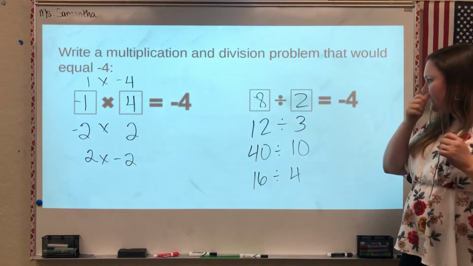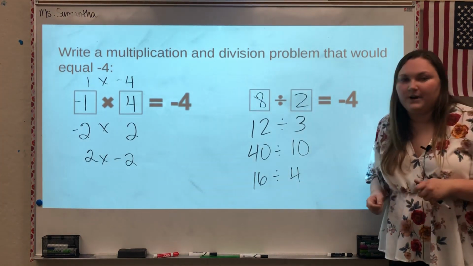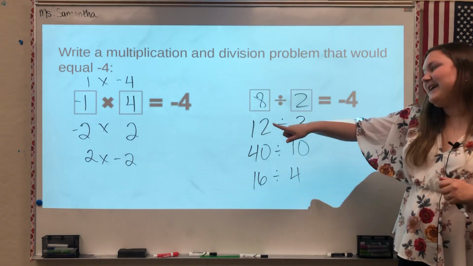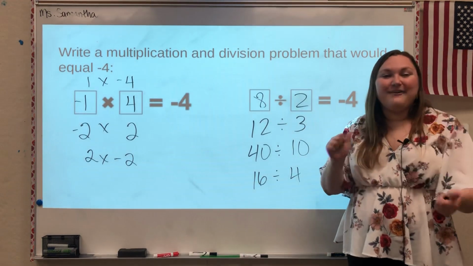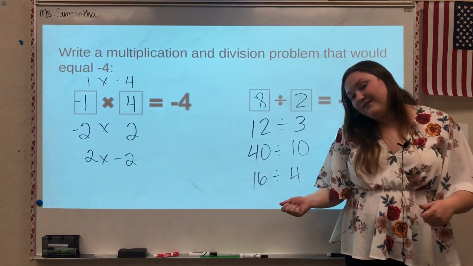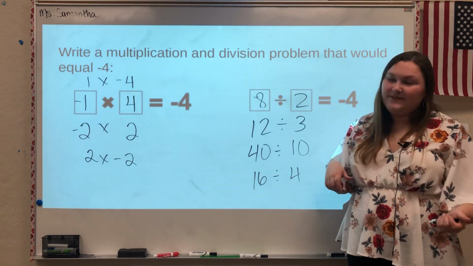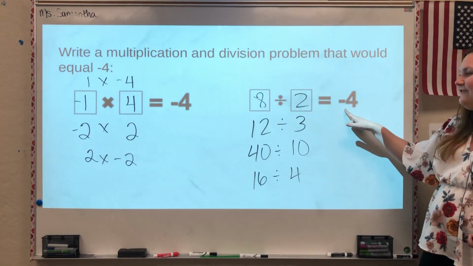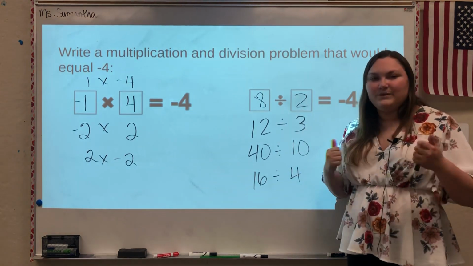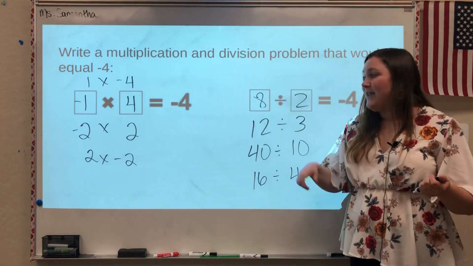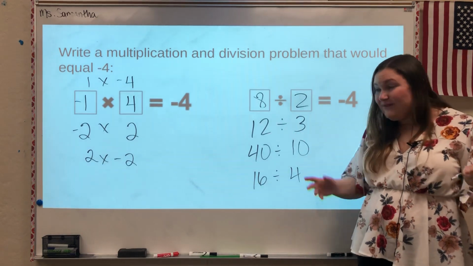Again, like before, there's still that negative sign we need to worry about. Similar to multiplication, division, if you have different signs, the answer is negative. And if you have the same sign, the answer is positive. Since I want my answer to be negative, it means for these numbers, I need one to be negative and one to be positive. Also, like before, it doesn't matter which one.